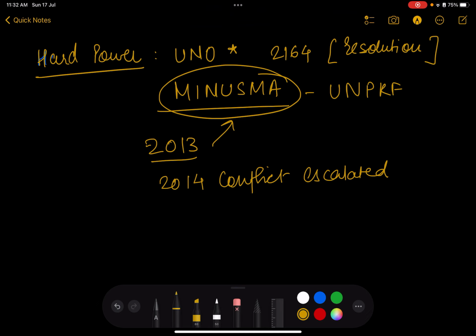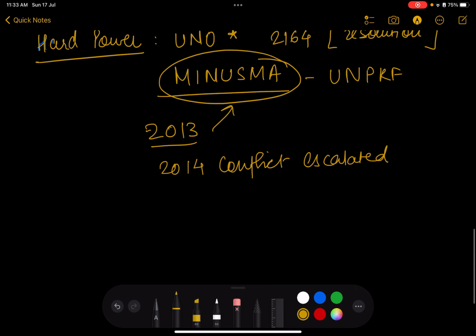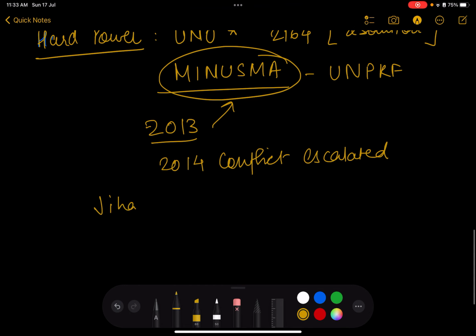The current toll is 53 from the start of the peacekeeping mission, which is the highest of all peacekeeping missions for the UN. We see that this is because of the rise of jihadism and the spread of general unrest in Mali. As a result, this changed MINUSMA's mission to eradicate violent insurgents.